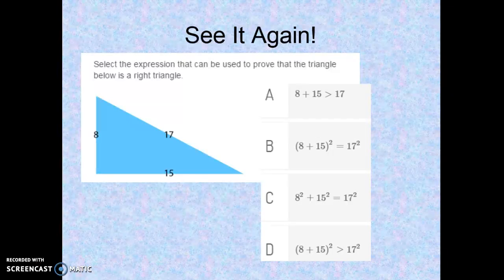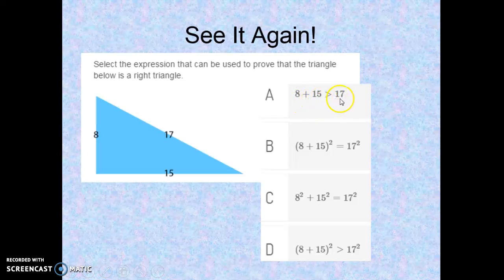So select the expression that can be used to prove that the triangle below is a right triangle. Let's think about this. So what we have here is 8, 15, and 17. So 17 is our hypotenuse. 8 and 15 are our legs. So let's take a look at each of these, and let's see if they're set up.